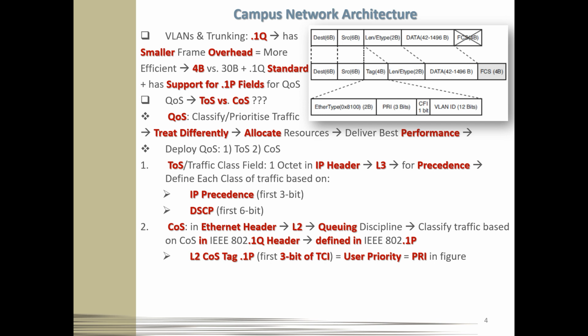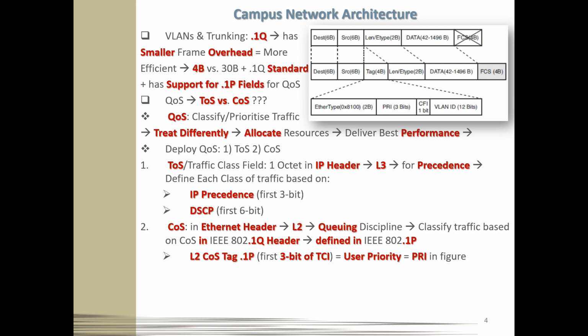Bear in mind that the minimum size of the Ethernet frame without tag was 64 bytes. Now with the 4 bytes tag, the minimum size of the Ethernet frame with 802.1q tagging is 68 bytes.